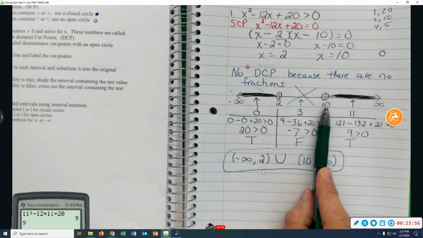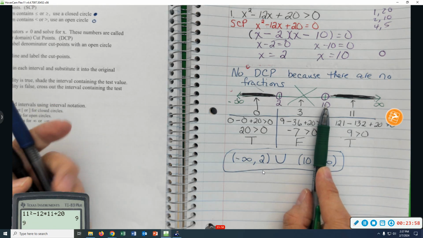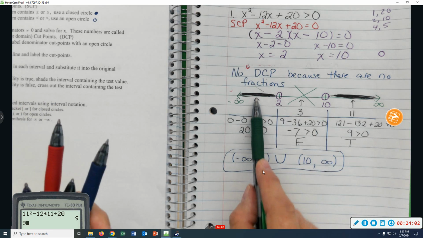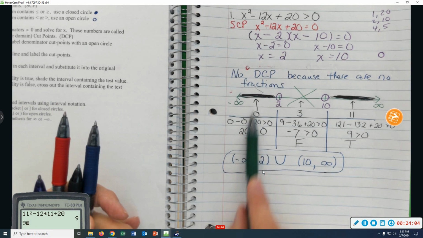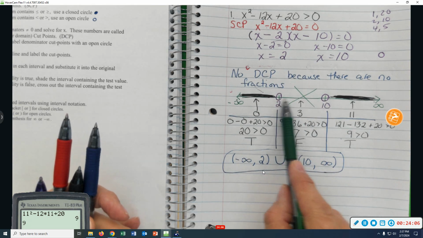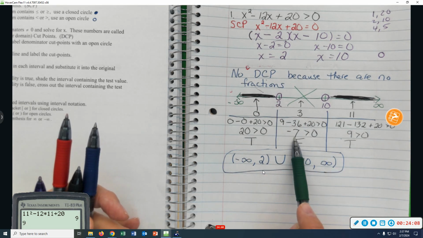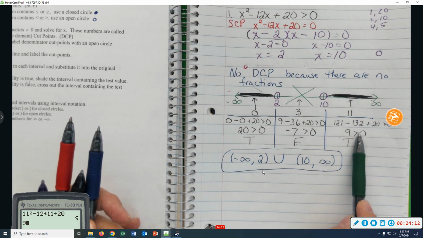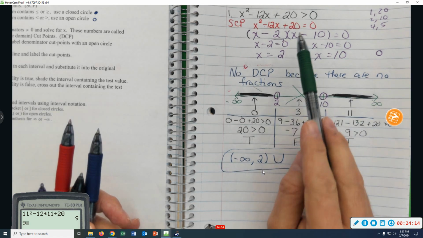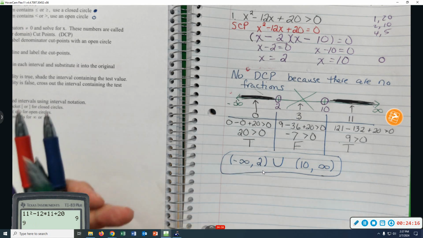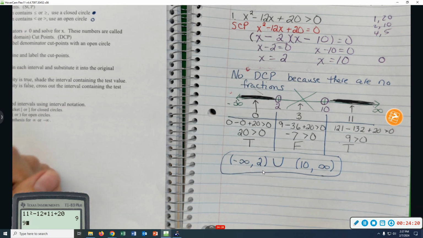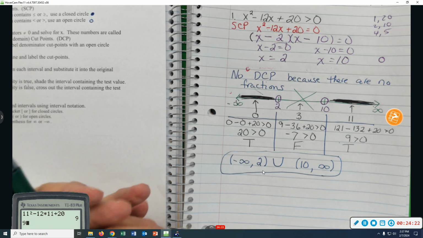Everywhere else, it needs to be either greater than or less than 0. Over here, it's greater than 0. In the middle, between 2 and 10, it's less than 0. To the right of 10, it's greater than 0. Test an interval to find out.